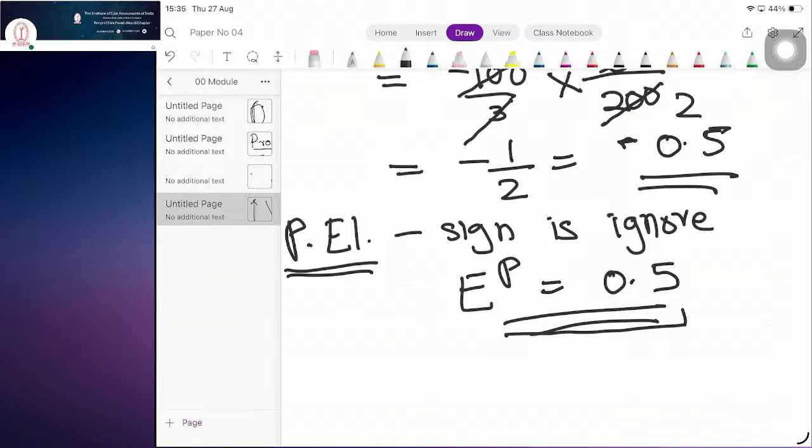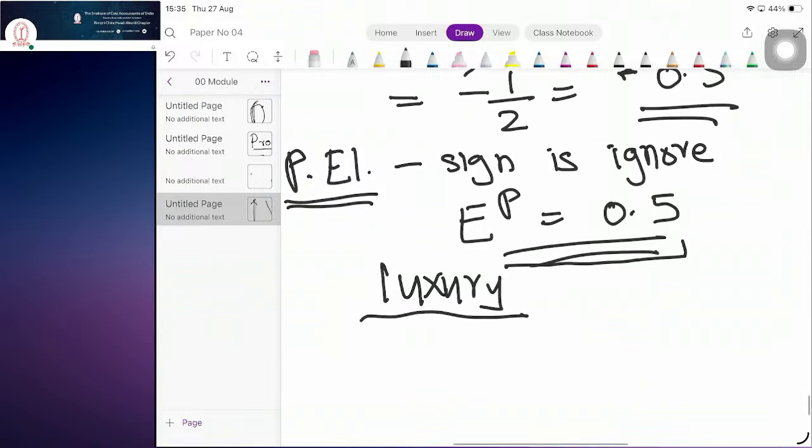Okay, revenue we will do later, but answer this. Luxury goods have dash degree of elasticity. Luxury goods means very expensive things.